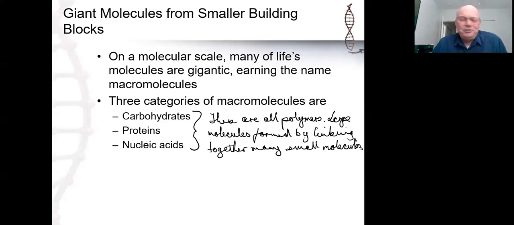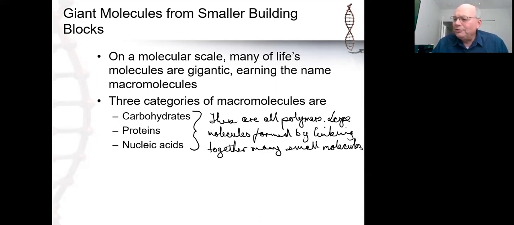So carbohydrates, proteins, and nucleic acids are all recognized as being polymers. And what makes the difference between each of them is the type of small molecule that's linked together to create the really big molecules. And we call those small molecules monomers, and we'll readdress that shortly.